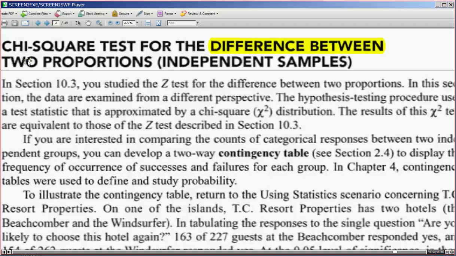Differences between two proportions. In section 10.3, you studied the z-test for the difference between two proportions. In this section, the data are examined from a different perspective. The hypothesis testing procedure uses a test statistic. Here comes a new test statistic that is approximated by chi-square distribution.